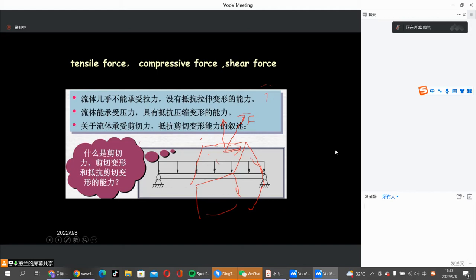But for the fluid, we know that it can resist compressive force. For example, gas can be compressed, right? So obviously fluid can resist the compressive force. About the shear force, whether the fluid can resist it, actually, on Tuesday afternoon, we already talked about this.